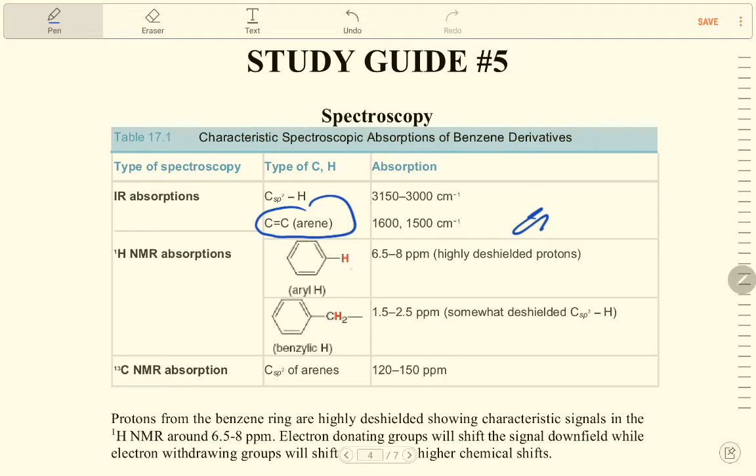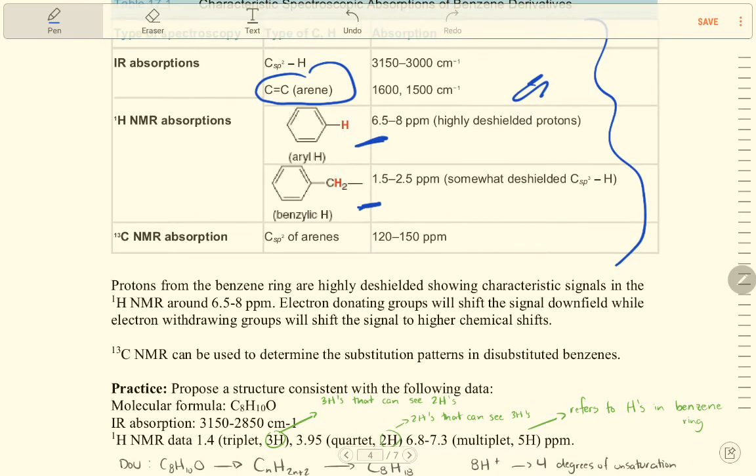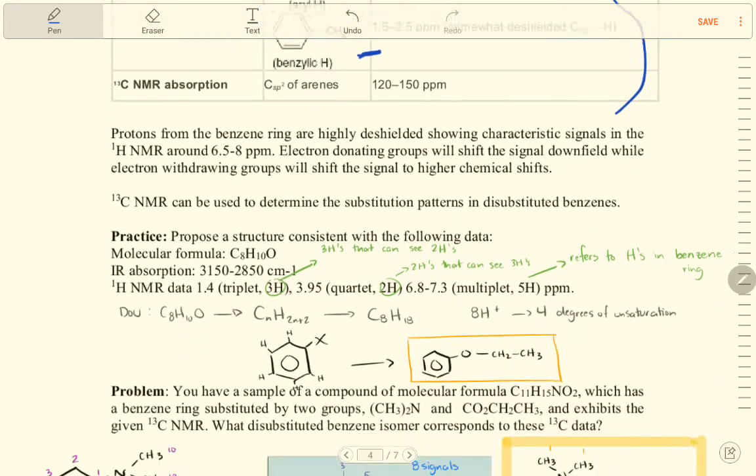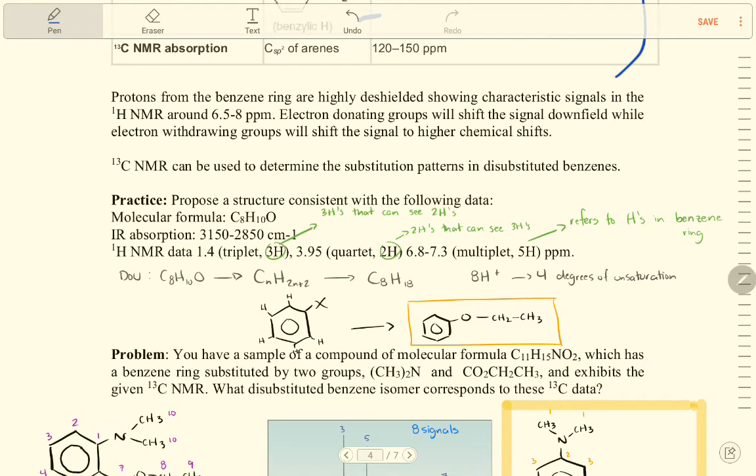1H NMR for benzene is 6.5 to 8 ppm. Benzylic H, you can see these are the ranges given, and you try to memorize and apply them when reading the graphs. So protons from the benzene ring are highly deshielded, showing a characteristic signal in 1H NMR around 6.5 to 8 ppm.